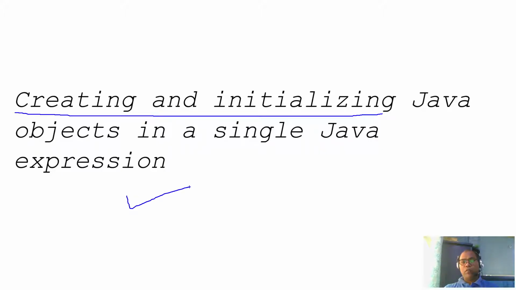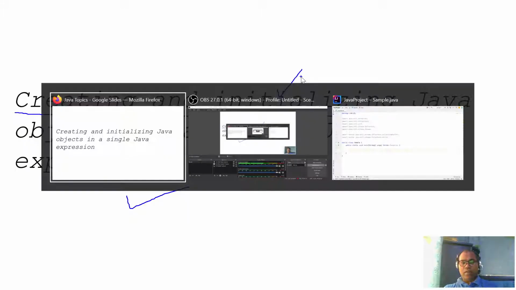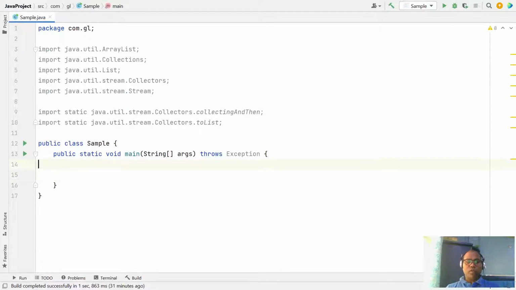Whenever you are creating a list, set, or hash map, the general way is to create the object and then add the elements. Is there any way to initialize while creating the object? Generally, if you declare a variable like int a, this is the declaration.